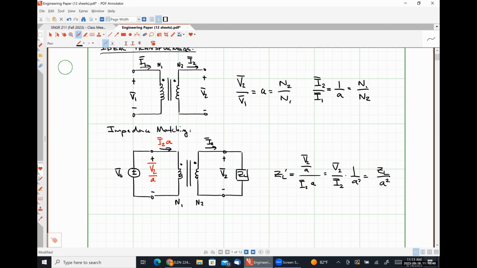So now, let's work the exact same thing, but instead of reflecting the impedance from the secondary to the primary, let's see what happens when we want to reflect it the other direction.